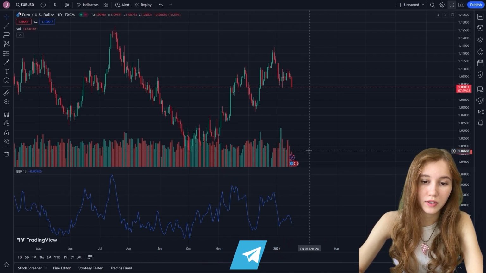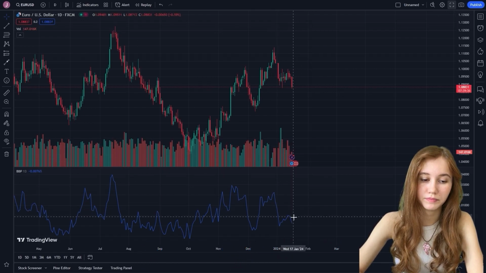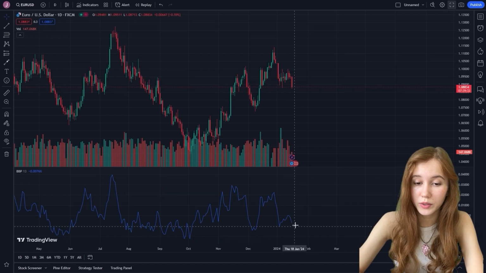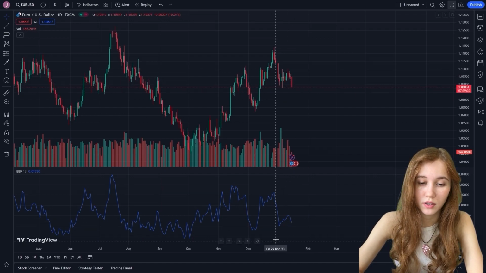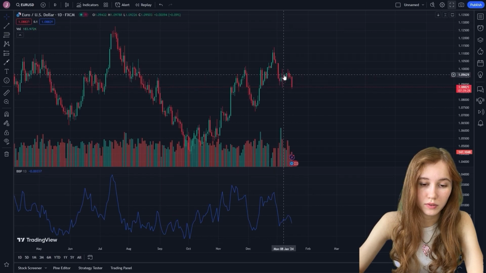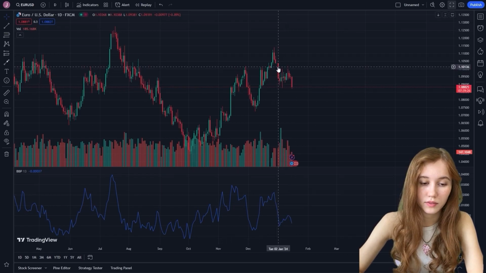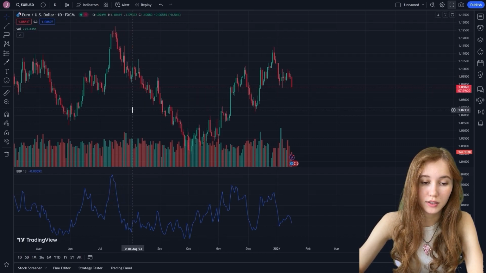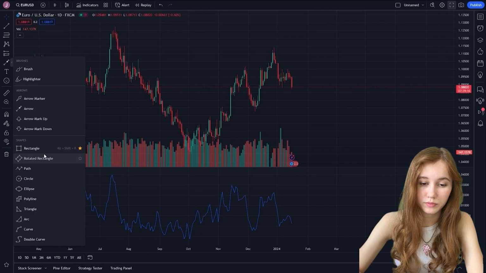So we have these two indicators. Downward trend, we see drawdowns, up, drawdown. It's quite simple. So about technical analysis, let me draw.